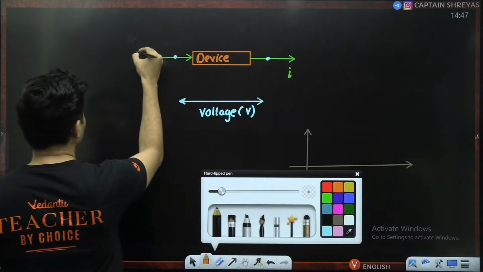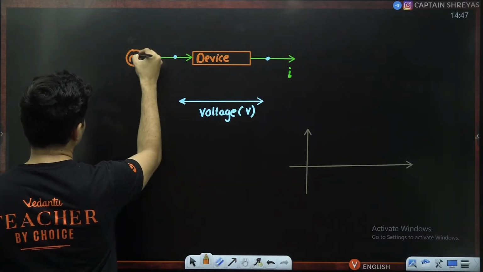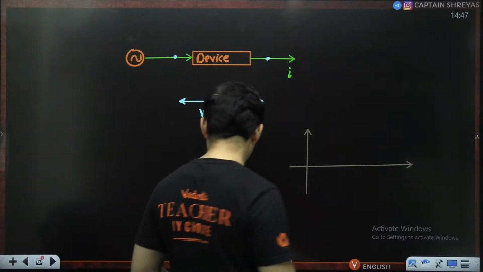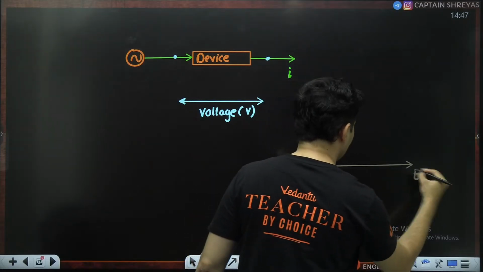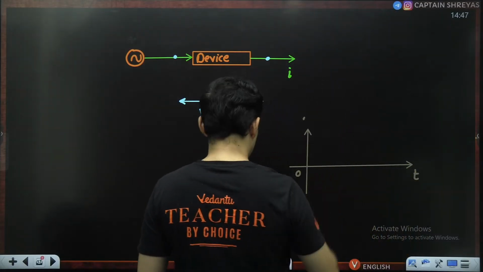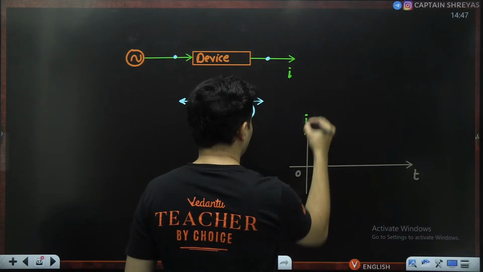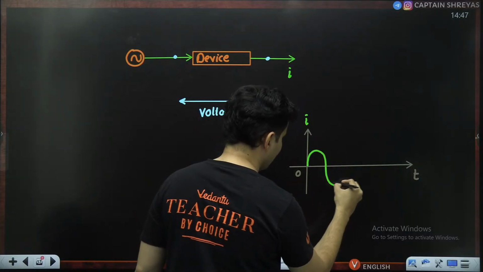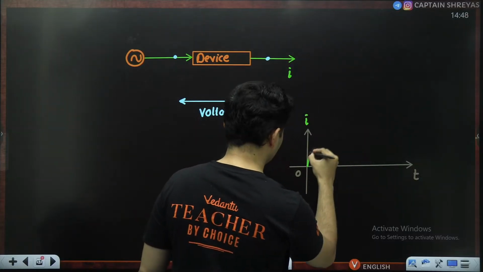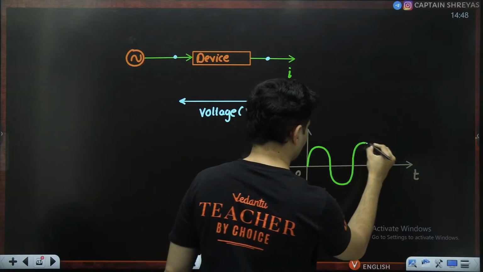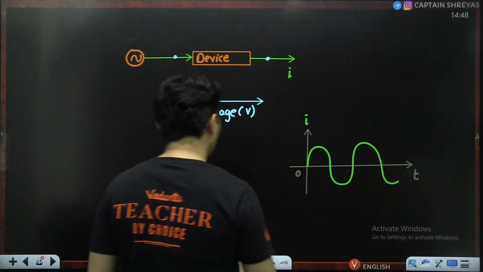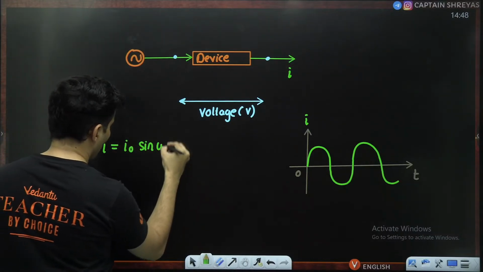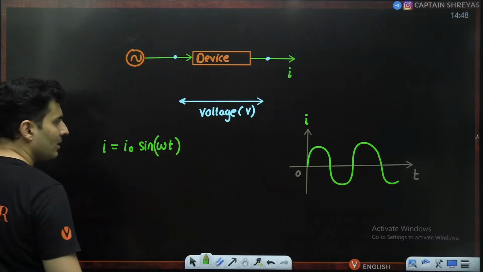If there is an AC source and the currents are alternating in nature, what you might typically see is something like this. If you draw the current graph, maybe the current is I naught sine omega t, just like your SHM equation.